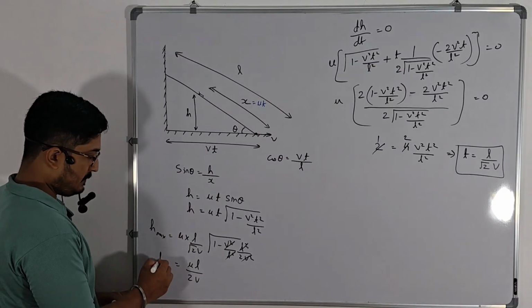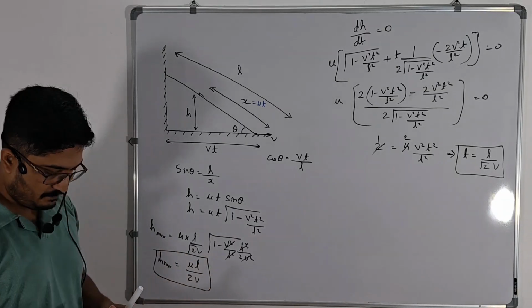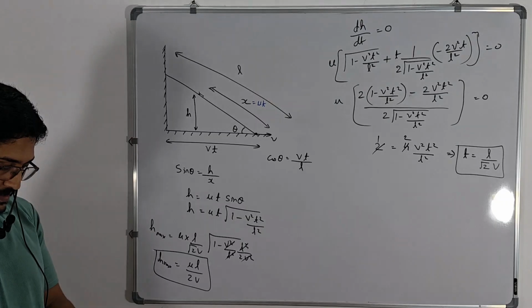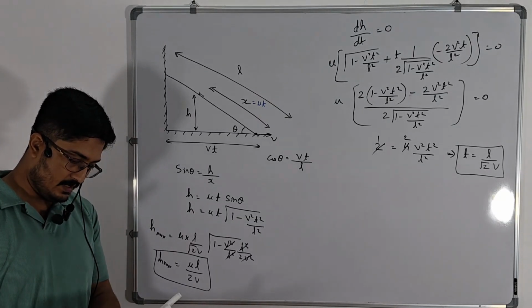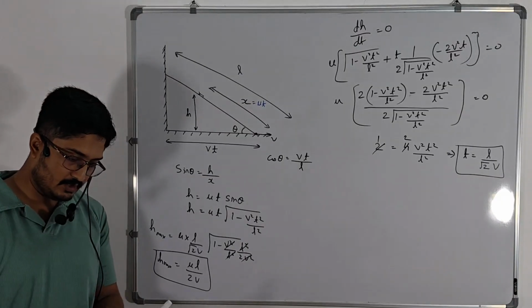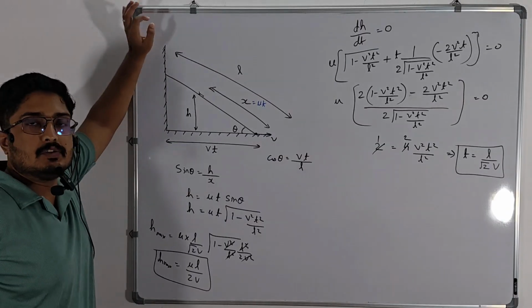Okay, so this is my h max. As per the question, we were interested to find h max, they were asking us to find out the h max. So we have got the h max. So this is the solution.